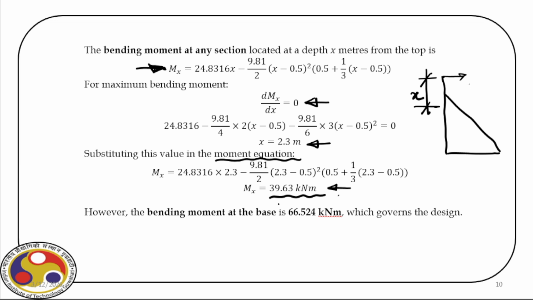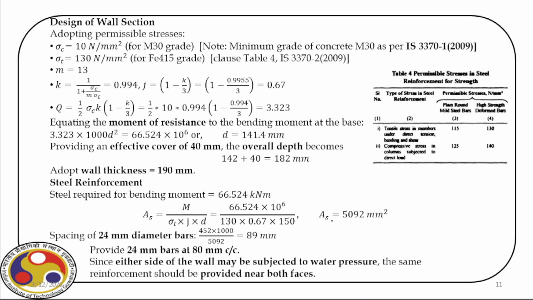Out of that, the maximum one is 66.524 kilonewton meter. So we'll use that value to design the wall. Right? Okay. So let us see how we can design. First we have M30 concrete, and that is the minimum grade as per the code we refer.